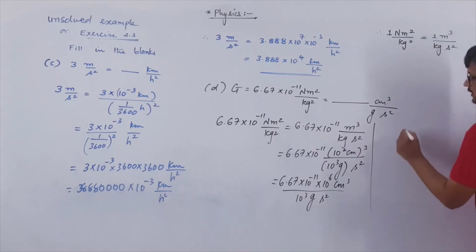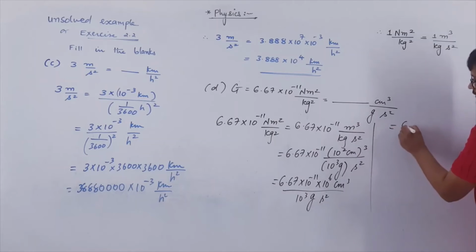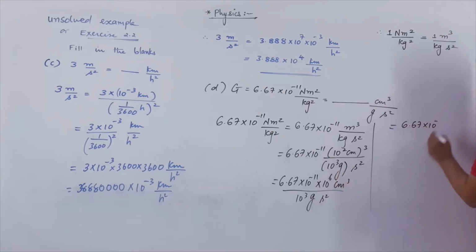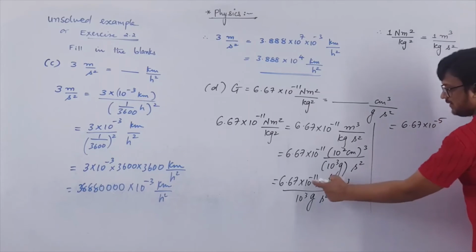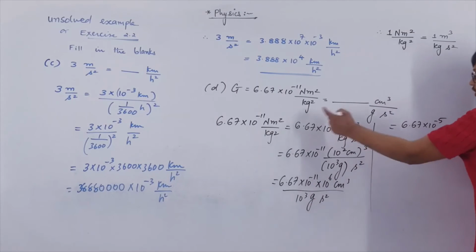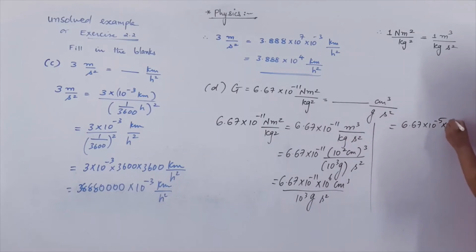So this will be 6.67 into 10 raised to minus 11 plus 6, which is minus 5, and this 10 raised to 3 will go up, so into 10 raised to minus 3 centimeter cube upon gram second square.